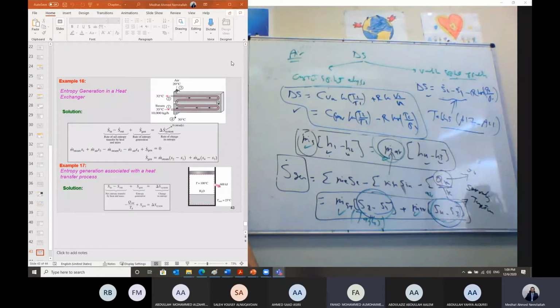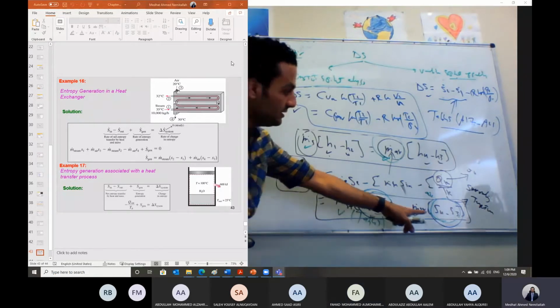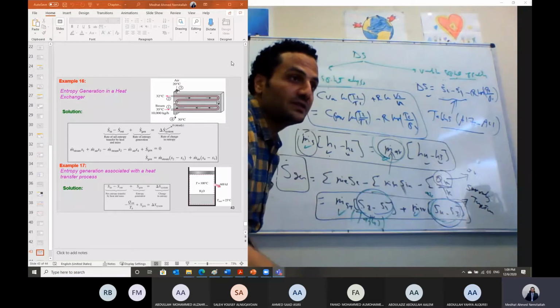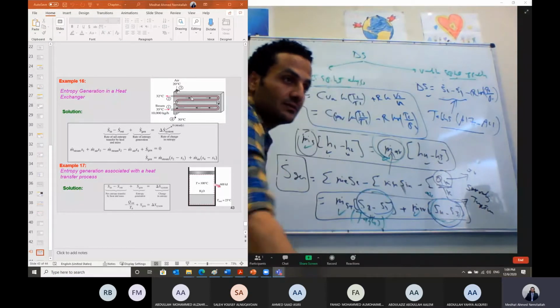So we changed the subscripts from 2 and 1 to 4 and 3, right? This is steam 2 and 1, and I just made air 4 and 3. Yes, in the equation.